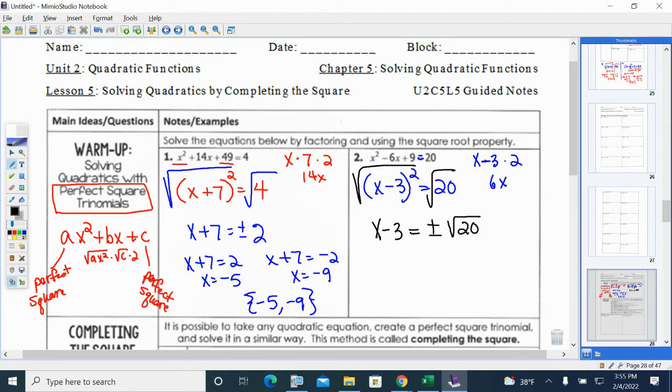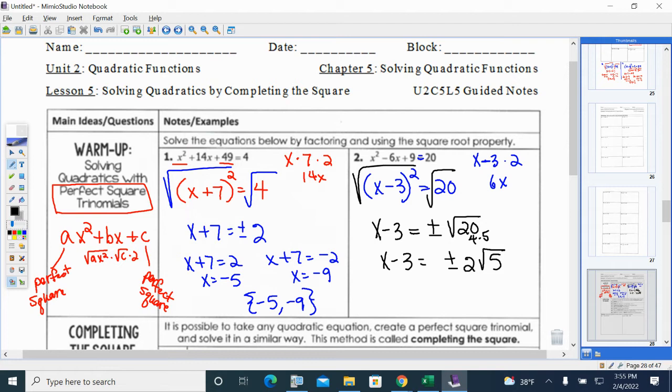Now, the square root of 20 is not a perfect square. So I'm going to do the best I can here. I'm just going to simplify that radical. The square root of 20 is going to simplify into a positive and a negative 2 radical 5. Now, there's no way for me to do like I did in example 1 and set up my two equations and solve.